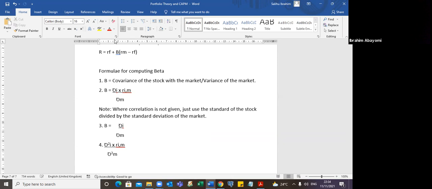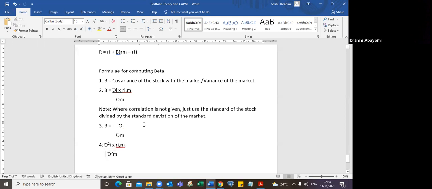The difference between 4 and 2 is that in 2 we use standard deviation, but here we are using variance. Of course, when we are using this, you need to take the square root, otherwise your solution will not be right.